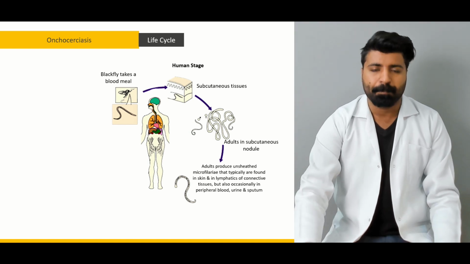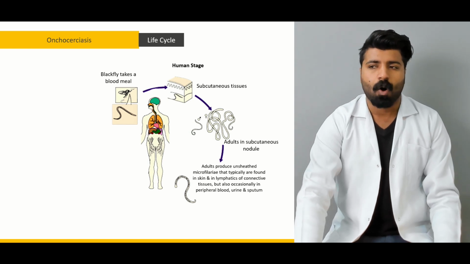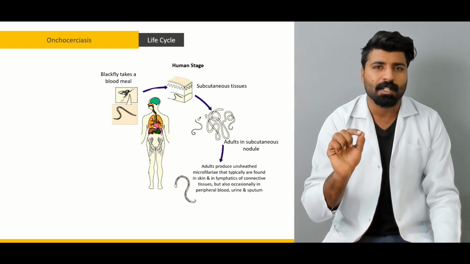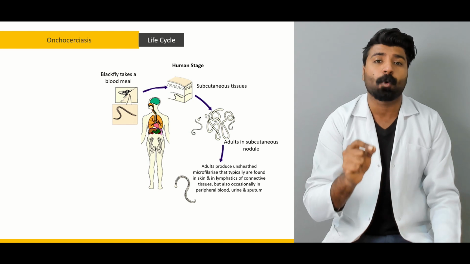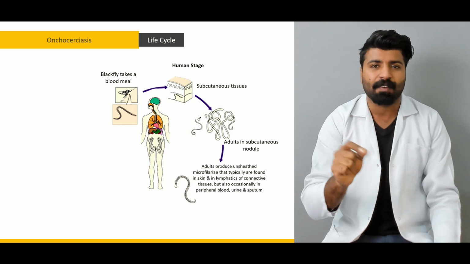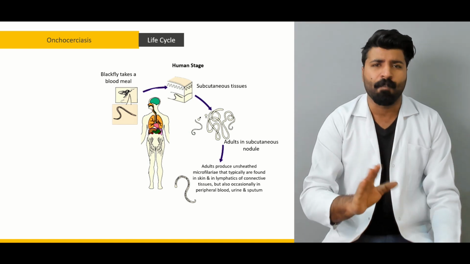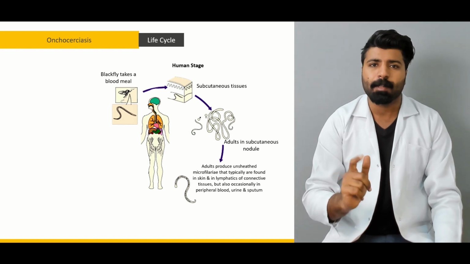So they go into the peripheral blood, they go into urine, they go into skin, they go into sputum, all of these. But which larvae are going to grow into adults? Those larvae which are going to be picked up by the black fly. Otherwise they are dead. Neither the sputum nor the urine will do anything for them except the peripheral blood. Why the peripheral blood?